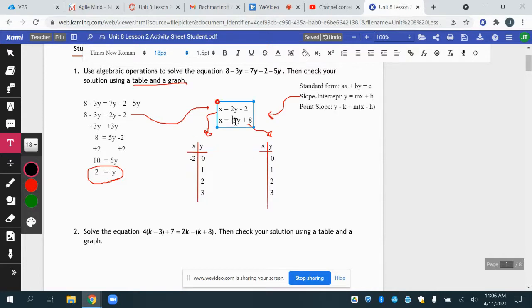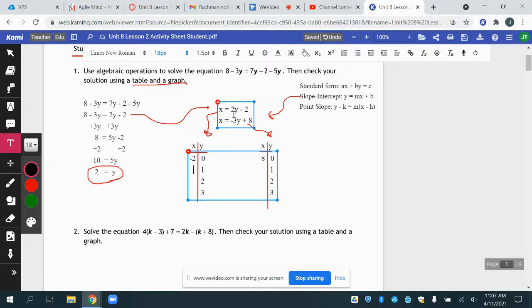If y is 0 up here, I get 8. Notice they're not the same number. Huh. Well, that's not great, because I want this to make the same number as that. So if y is 0, they don't make the same number, do they? I wonder what y has to be for them to make the same number.